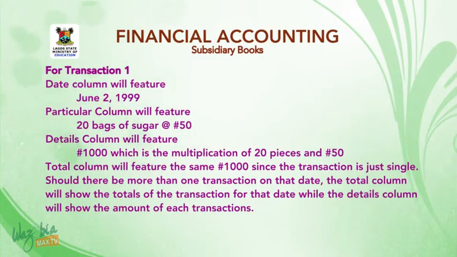Total column will feature the same 1000 naira since the transaction is just single. Should there be more than one transaction on that date, the total column will show the totals of the transaction for that date, while the details column will show the amount of each transaction.